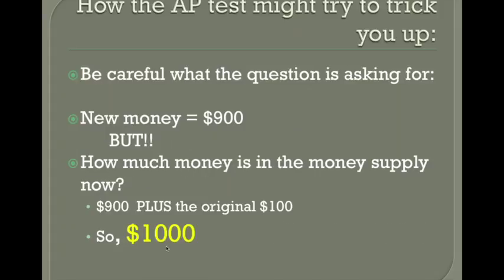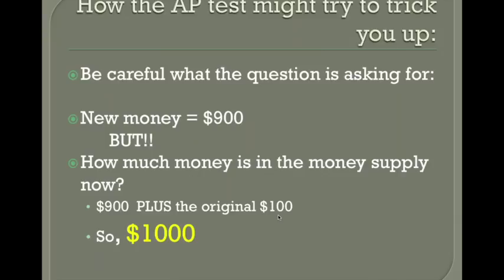Now, make sure you don't get tricked up. Sometimes the AP tests ask differently worded questions, where you might use one formula when they're really asking for something a little different. The increase in the money supply is $900. But they might ask, how much money is in the money supply now? Well, we have that increase of $900, but you also have to include the original $100.